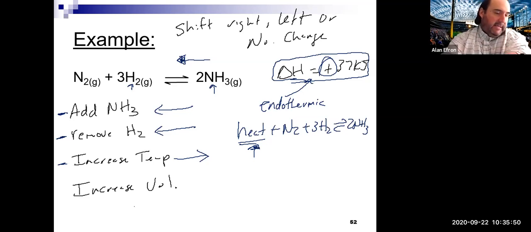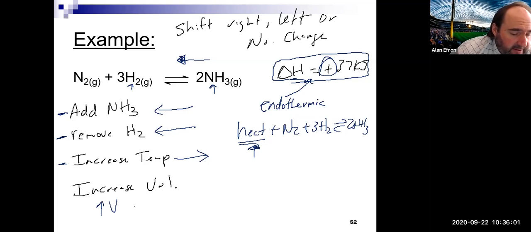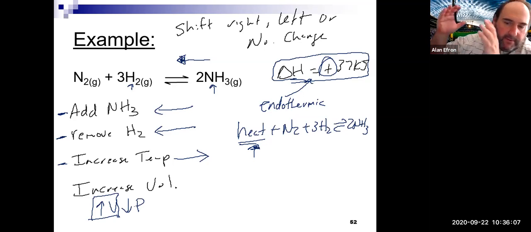Now, lastly, we do have volume, and volume is related to pressure. So if we increase the volume, pressure should go down. But more importantly, we could just look at the volume part of it. Since the volume goes up, we have a bigger volume, we need more gas molecules.